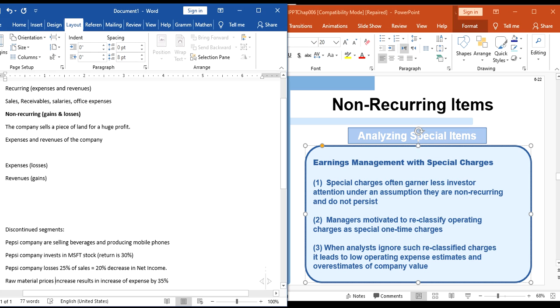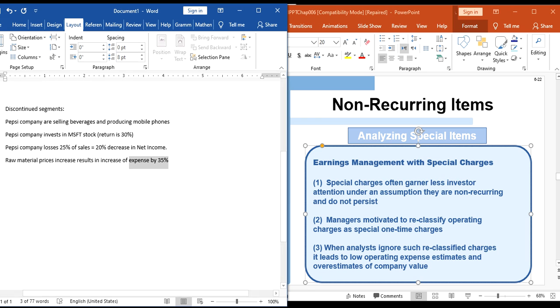It means that it will not repeat in the future. That was only one time, but it is an expense. So we should be careful to recognize expenses and losses, and revenue and gains again.